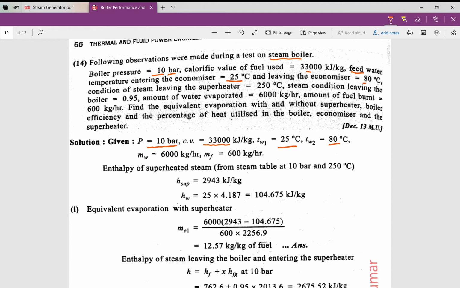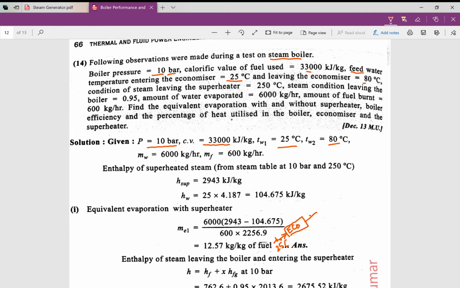So, dear students, first let us write down, let us say this is a figure of economizer. Water comes from outside. This is at 25 degree centigrade.